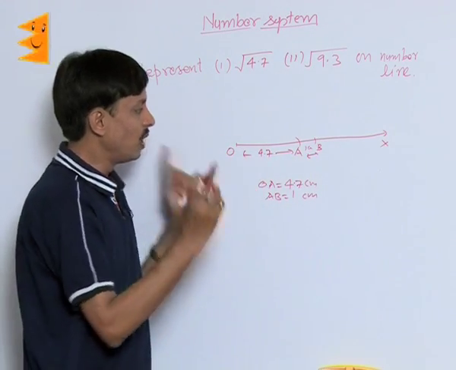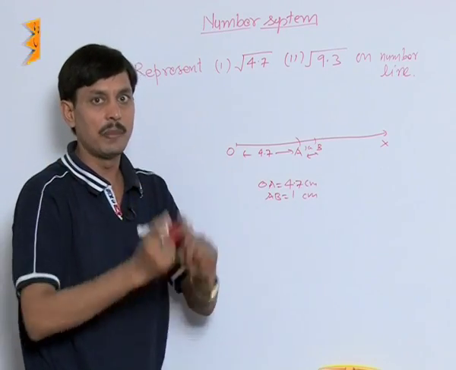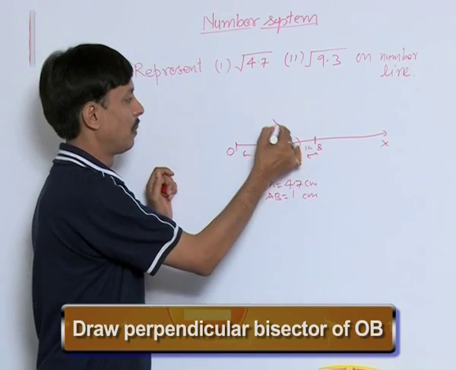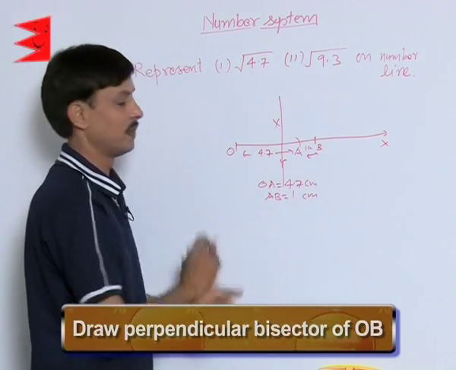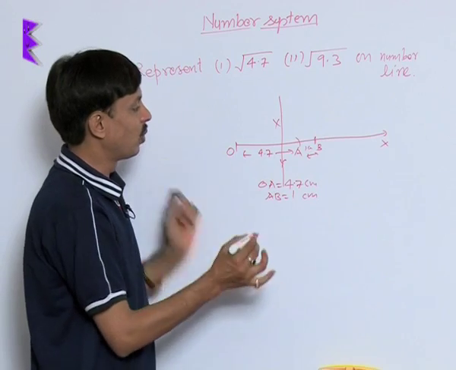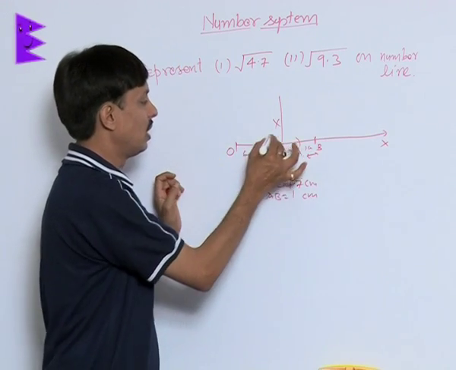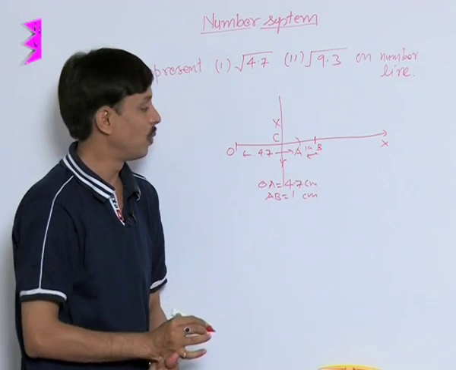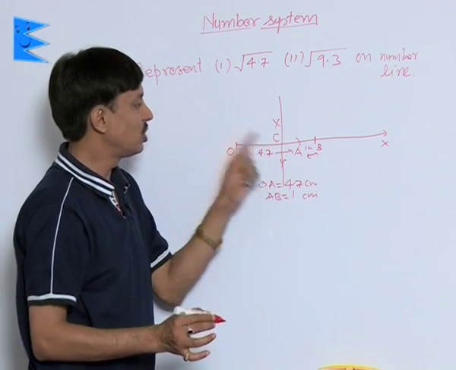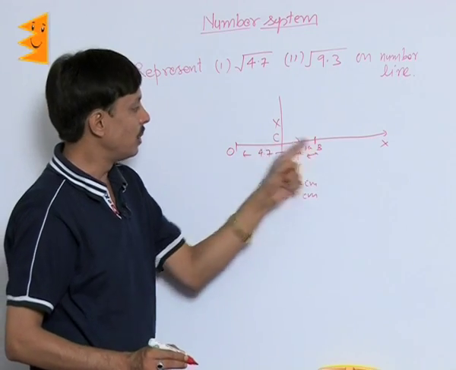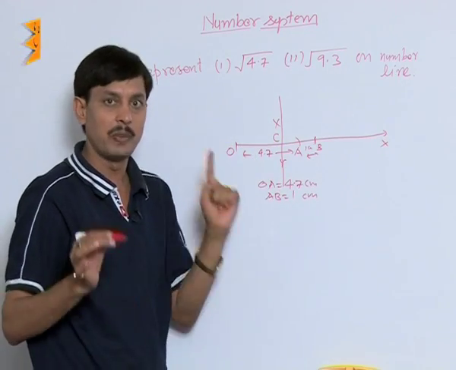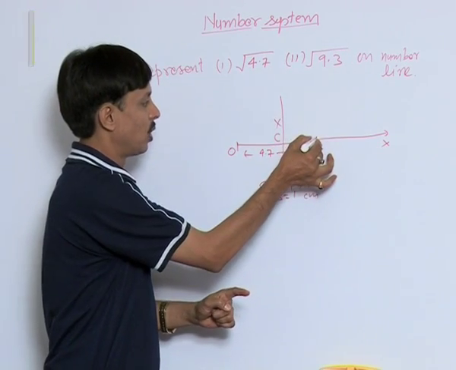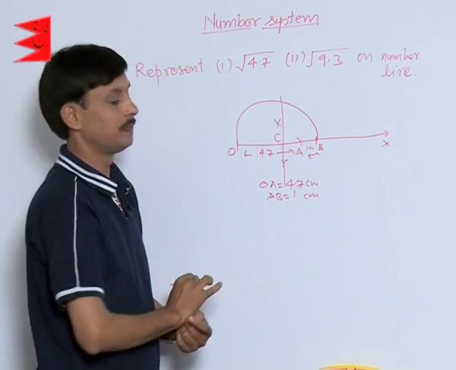Now we will draw the perpendicular bisector of the length OB. Suppose this perpendicular bisector of OB meets OB at its midpoint. Locate that point as C. Taking C as center and CB or CO as radius, because CB and CO are equal lengths, draw a semicircle like this.